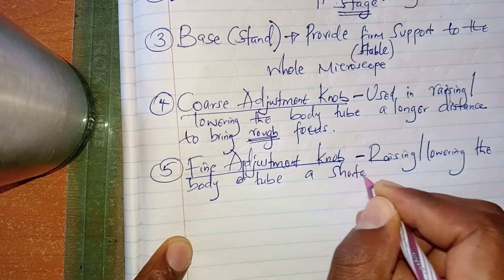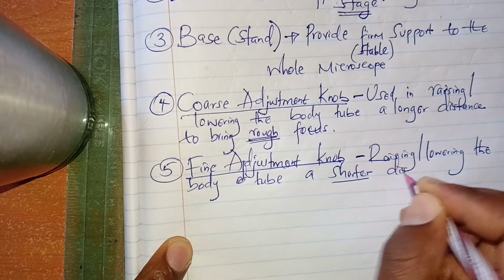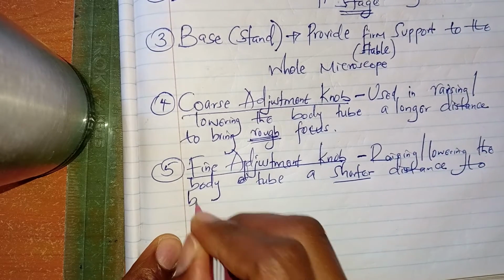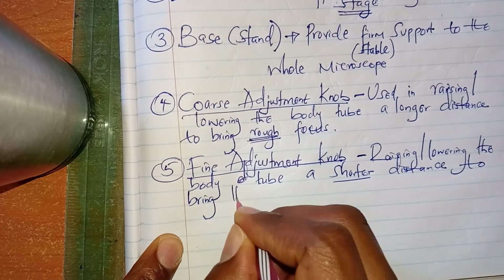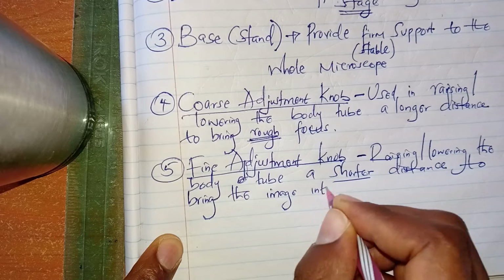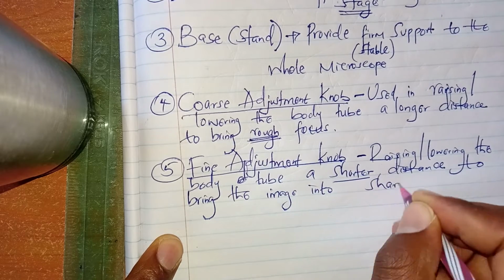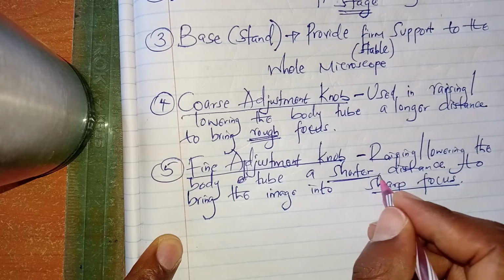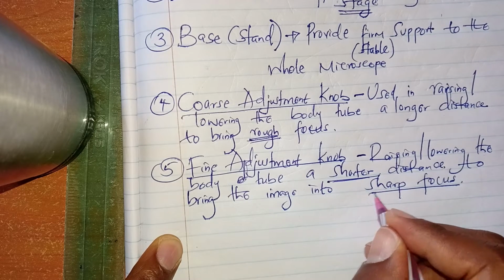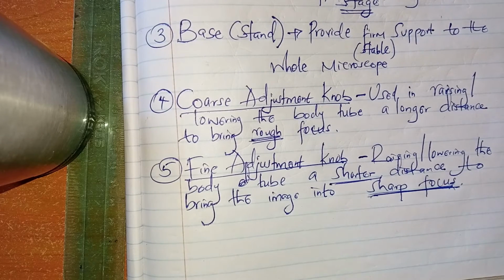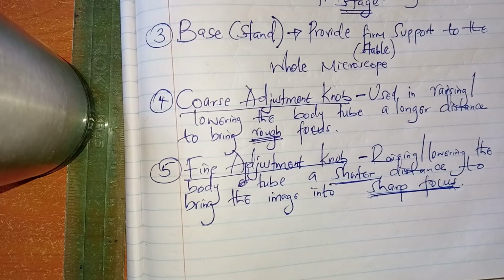Now that's the difference. A shorter distance to bring the image into sharp focus. In this case, you are now able to see the details of the structures that you are examining.